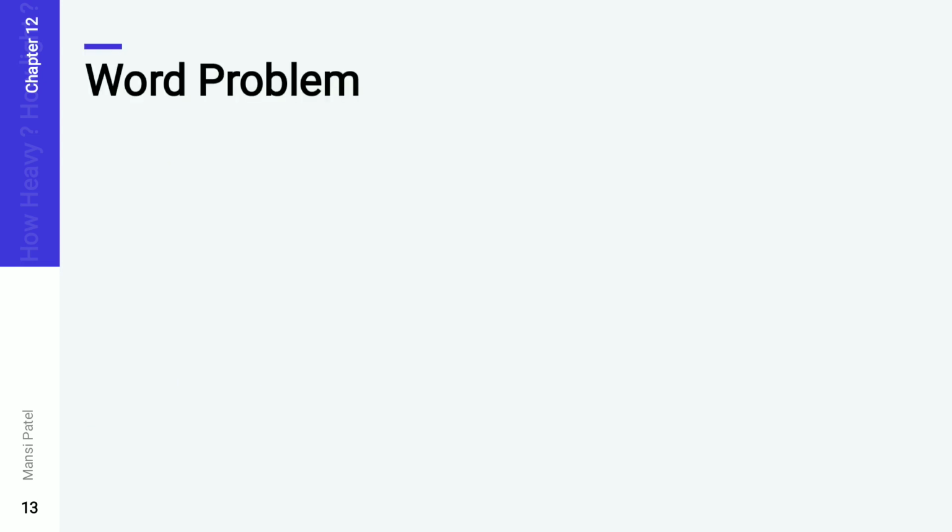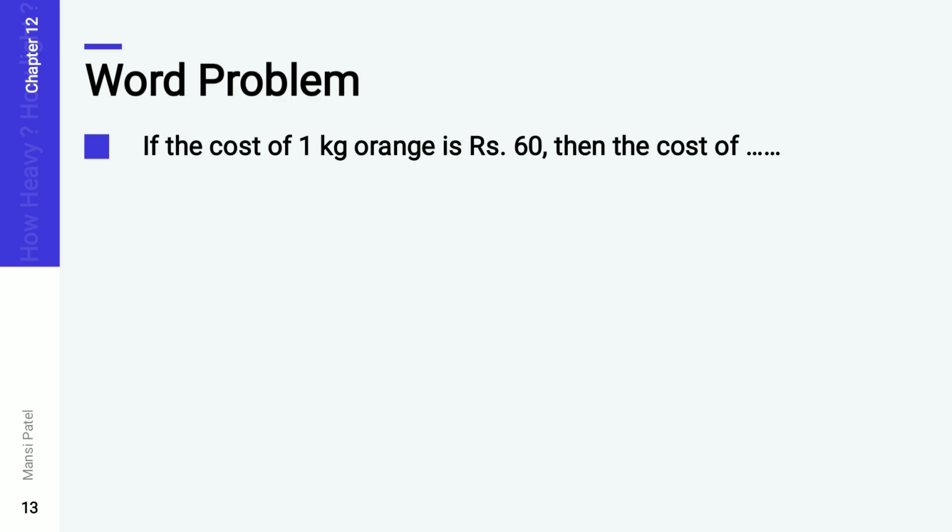Let us see one another one. Here again, the cost of 1 kilogram orange is rupees 60 and you have to find out the cost of 250 gram. See here, they have given the cost for 1 kilogram and we have to find out the cost of 250 gram. How is it possible?